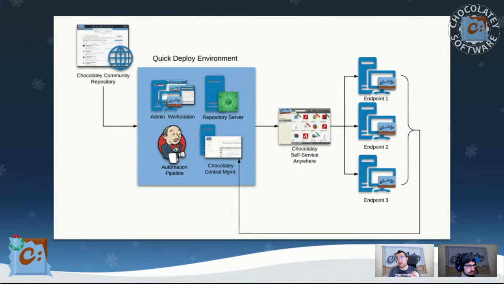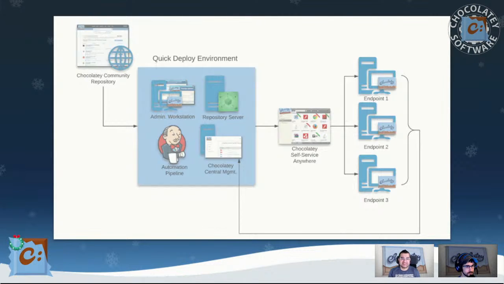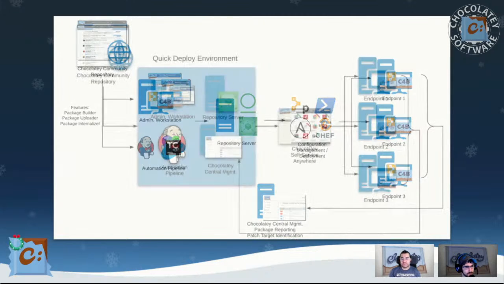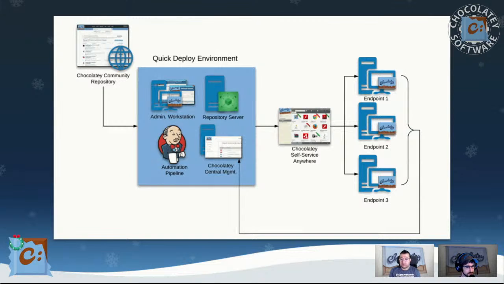As of June of this year, we now have deployments built into CCM, so we also give you a mechanism to deploy to your endpoints once you get them checked into CCM. All of that is rolled into one image that we can provide to you.